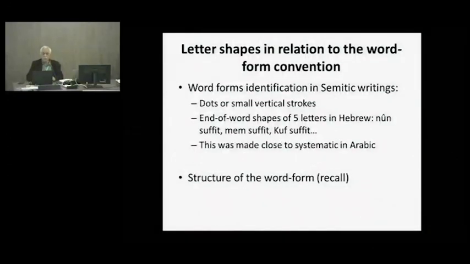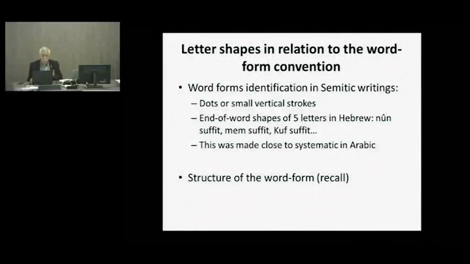Letter shapes are related to the word form convention. Word form identification in Semitic writing. Word form, there should be no S and a dash between word and form. Word form identification in Semitic writings: they used to either put dots or small vertical strokes.